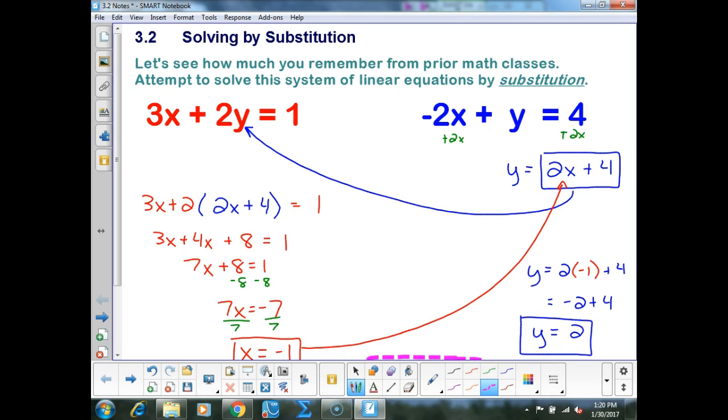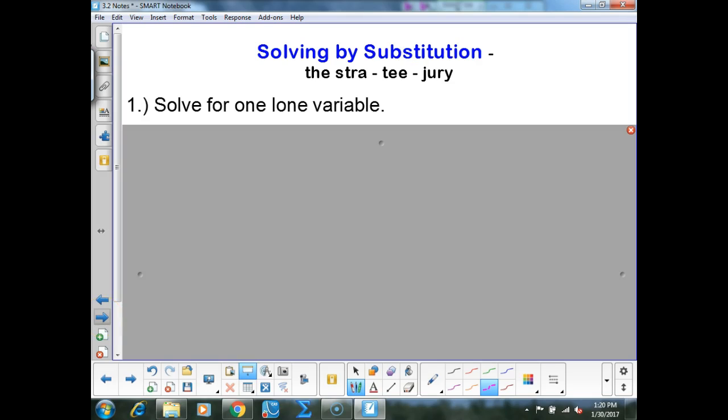So make it easy on yourself. You guys actually picked the right one. The easiest variable to solve for between red and blue is blue y. So make it easy on yourselves. Work smarter, not harder. So we solve for one variable.